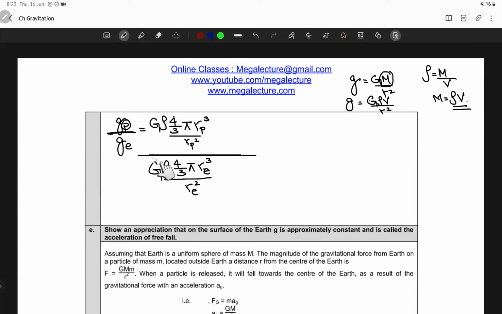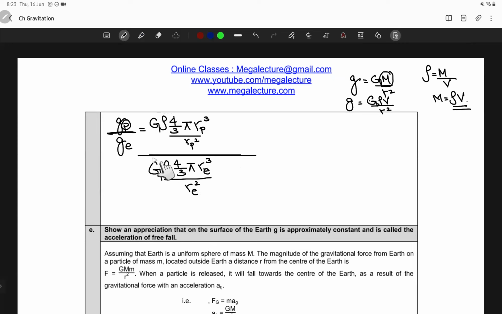So you can cancel some quantities over here. Look at this: you have 3 rp upstairs and 2 rp downstairs. So these will cancel, and we'll only be left with 1 rp. This is clear, right? Sir?